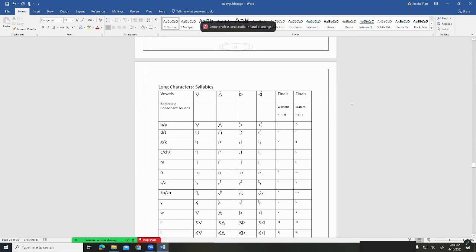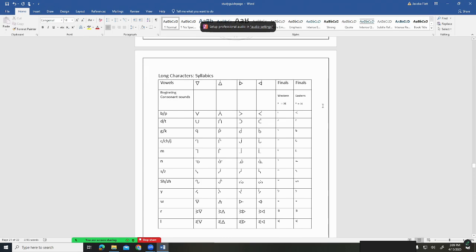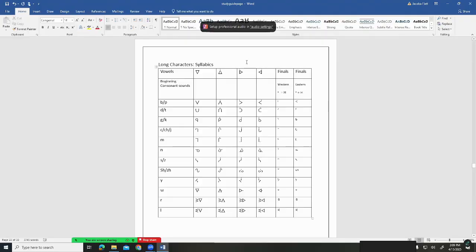And long characters. This is how it looks in the syllabics. With the long vowels, you'll see the dot on top of the syllabics that represents the long vowels.